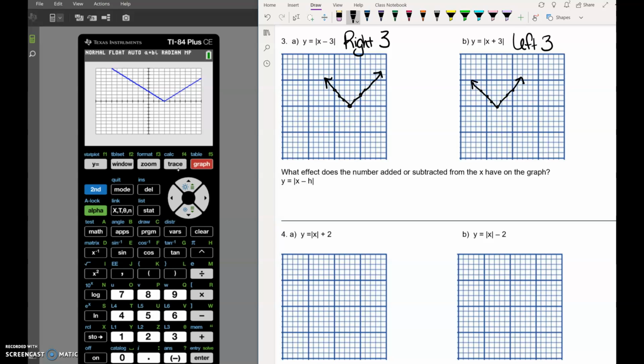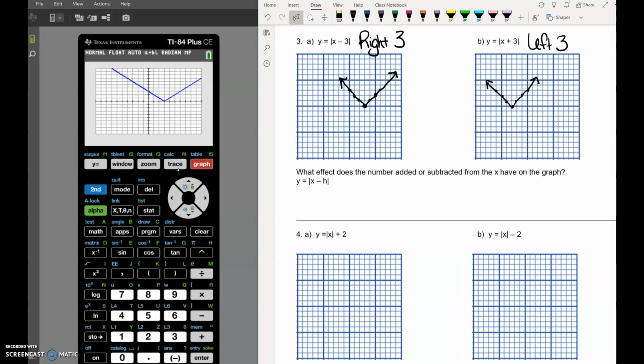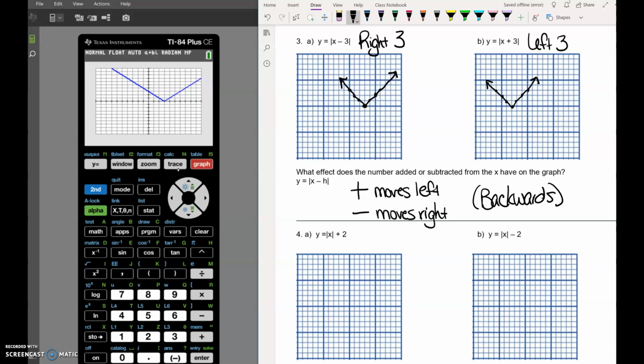Plus moves it left, minus moves it right. So in this next little thing, what effect does the number added or subtracted have? Added inside moves left. Subtracted inside moves right. And you might want to note that it is backwards of what you would expect.